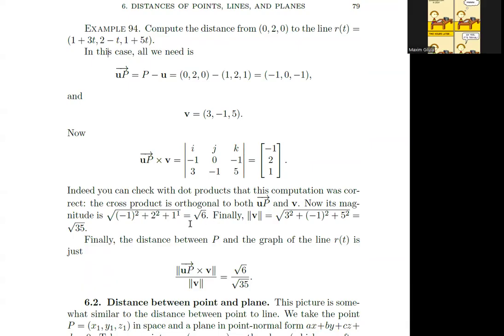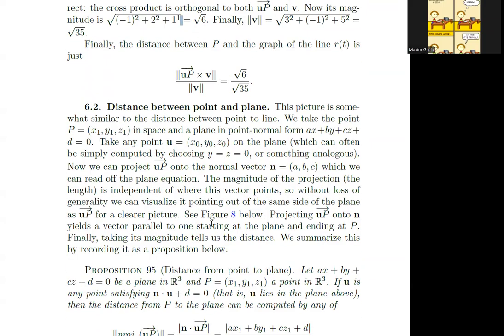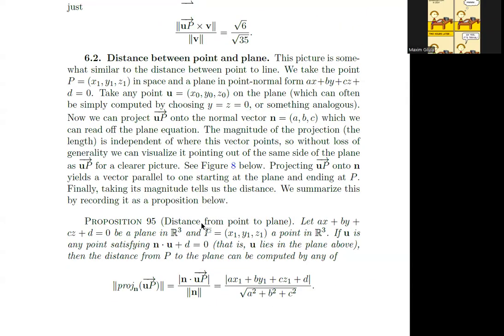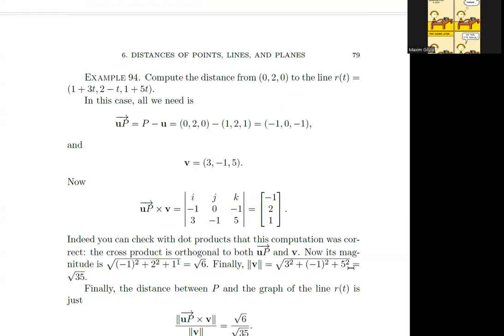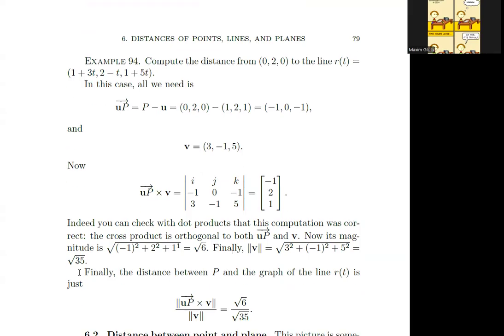So the magnitude is minus 1 squared plus 2 squared plus 1 squared, which is root 6, and V magnitude is 3 squared plus minus 1 squared plus 5 squared, which is square root 35.